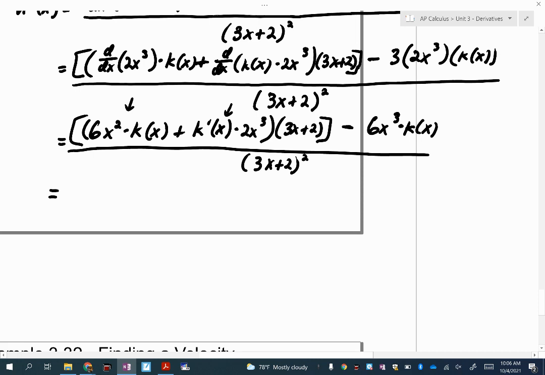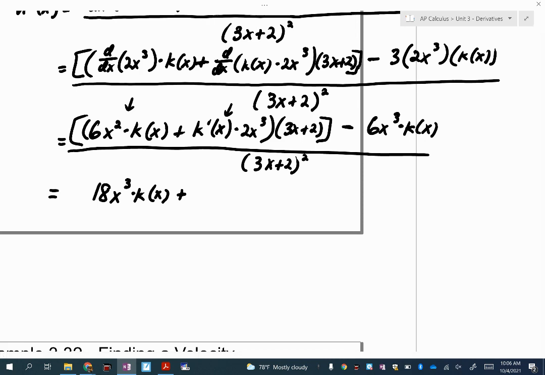So 3x times 6x squared k of x is going to be 18x cubed times k of x plus, I'm going to do the 3x times the second part, which is going to be 6x, let's see, what would make more sense for everyone's brain?